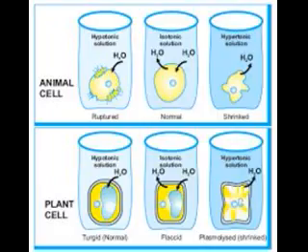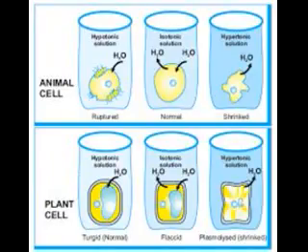Such a solution is said to be isotonic with the cell. For example, if there is 10% NaCl solution outside the cell and 10% NaCl solution inside the cell, then there will be no net movement of the molecules in and out of the cell. That type of solution is known as an isotonic solution.